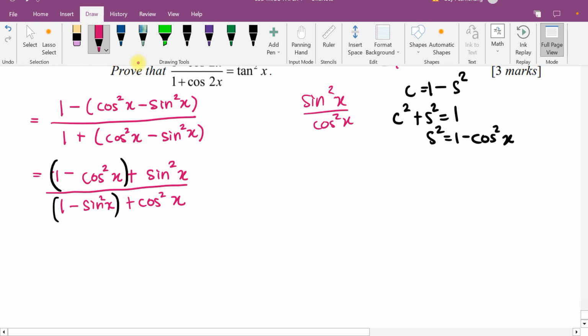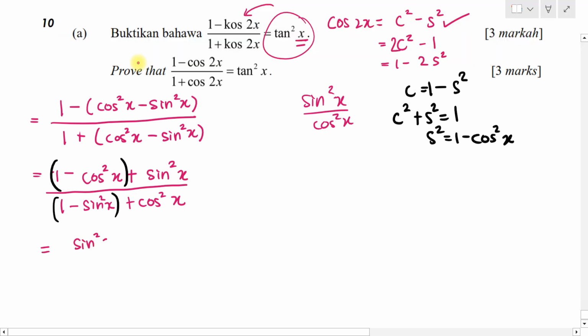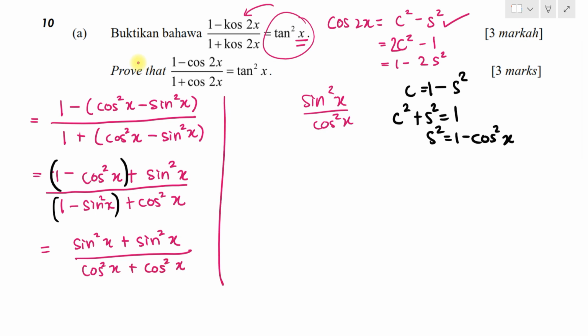It becomes sine square x plus sine square x over cos square x plus cos square x, which is 1 sine square x plus 1 sine square x.